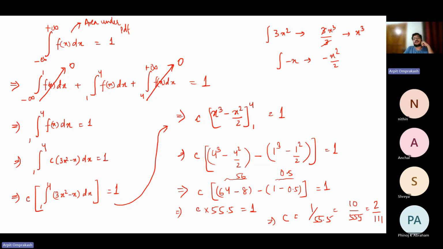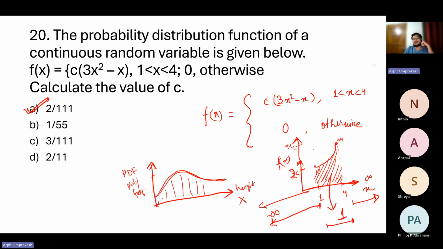So under the limit of 1 to 4, we are integrating f of x dx, and that is equal to 1. This you can see from the curve, because the curve is something like this. Then suddenly it goes somewhere like this, and then it again goes back to 0. So if you're taking the area under the curve across the whole timeline from minus infinity to infinity, you're basically talking about this area, because everywhere else the area is 0, because the line is coinciding with the x-axis, right?